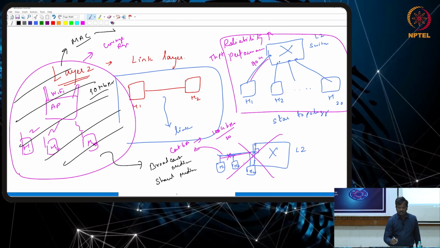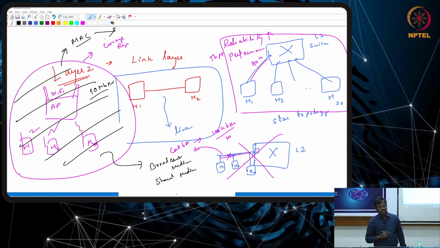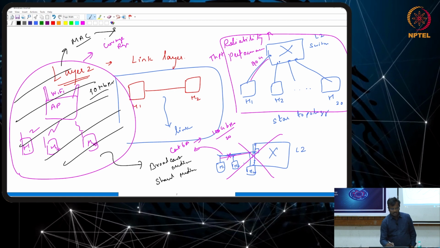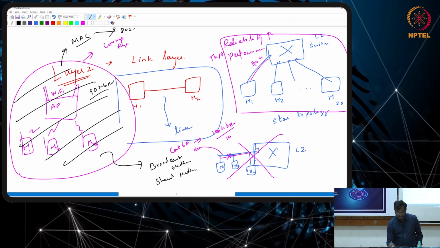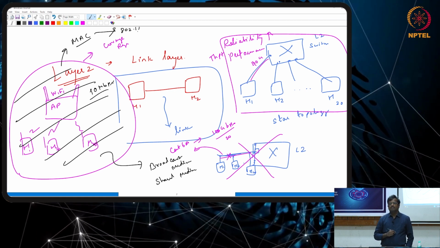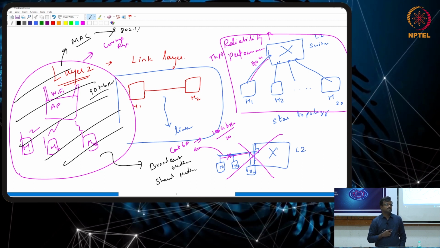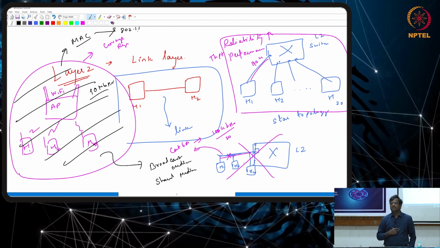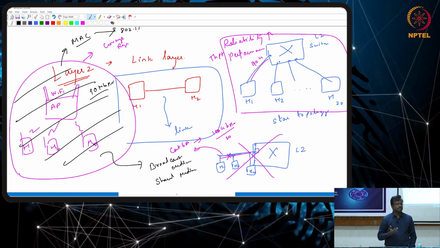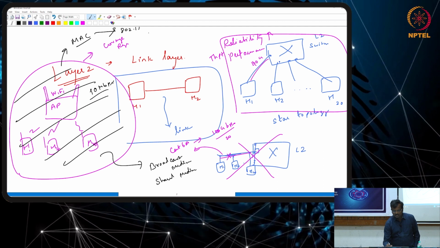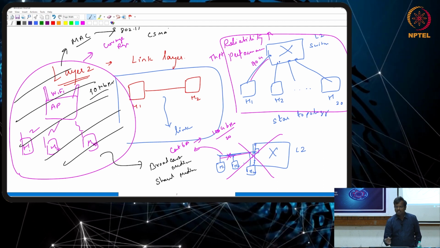What is the MAC protocol used in Wi-Fi? 802.11. What is the MAC protocol? What is the name of that mechanism? Carrier sense. It's not complete.